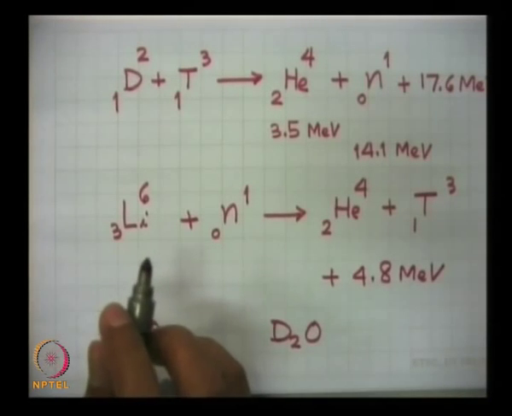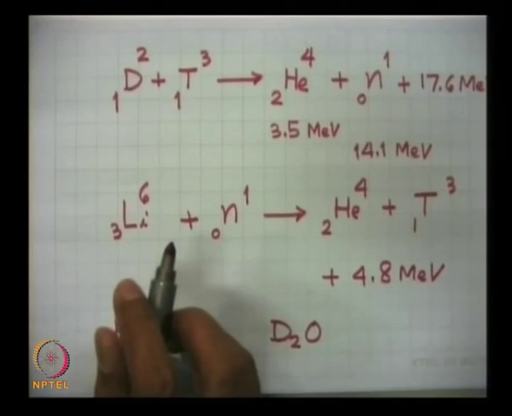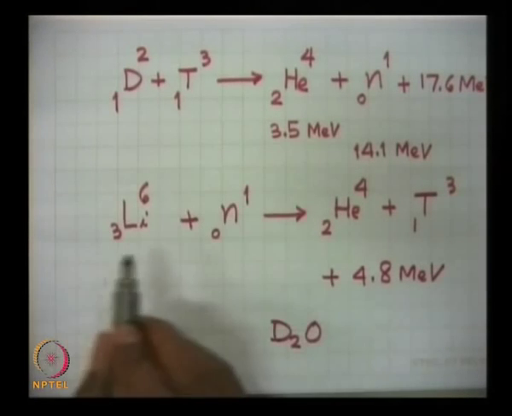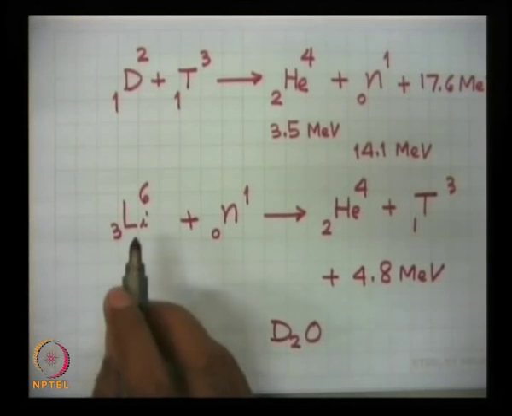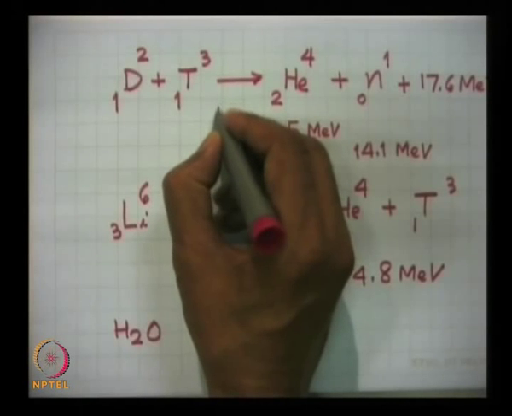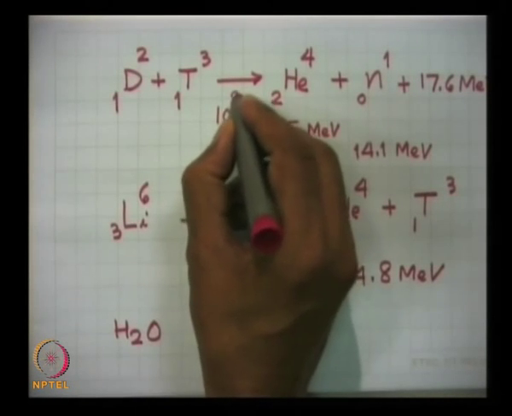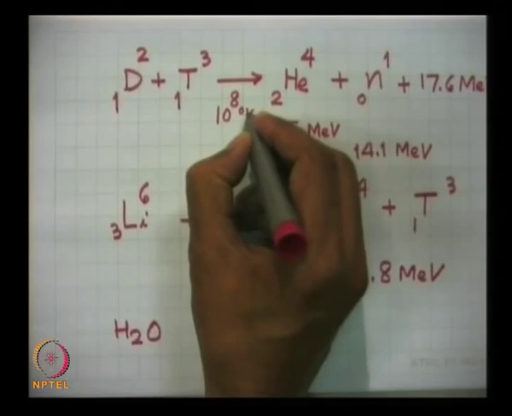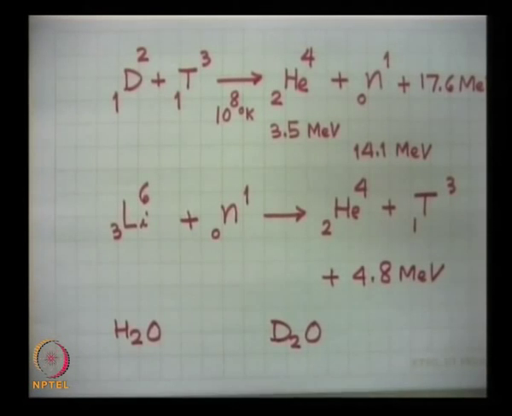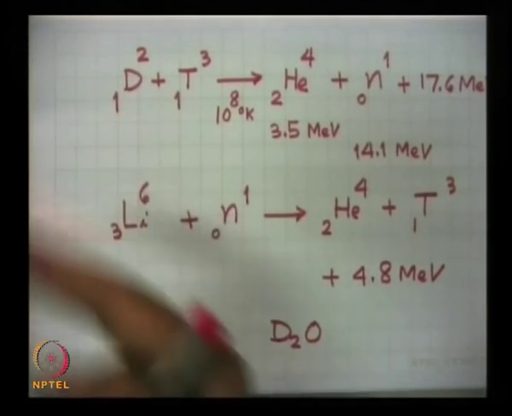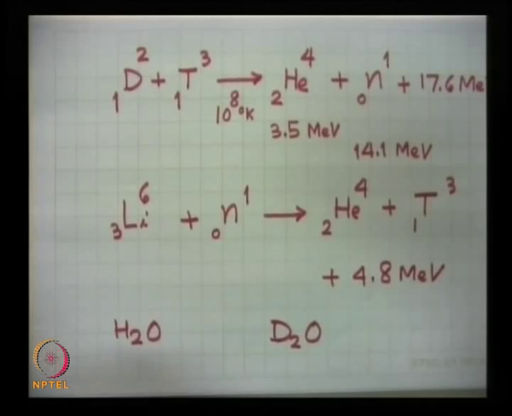So they have to be brought in within the range of nuclear force so that they could fuse. For that, the temperatures that are needed are typically of the order of 10 to the power 8 degrees Kelvin, so that the nuclei could cross the Coulomb barrier and fuse.